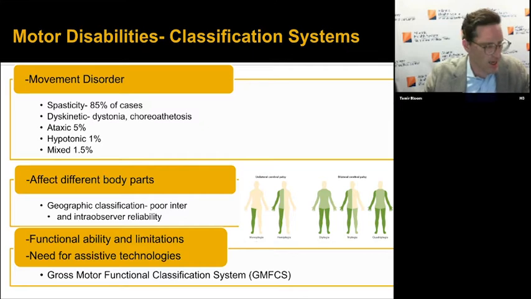And perhaps the most important classification that has been developed over the past 20 years, and one of the things that has really changed how we think about and treat CP, is the Gross Motor Function Classification System. I'll talk about this quite a bit throughout the talk. The GMFCS is based on functional ability and limitations and the need for assistive devices.